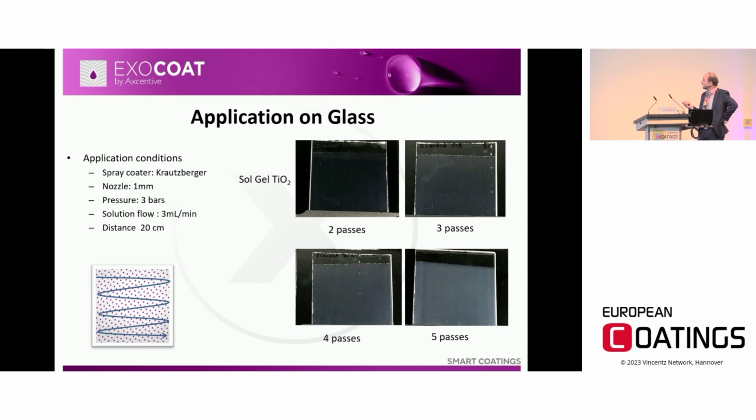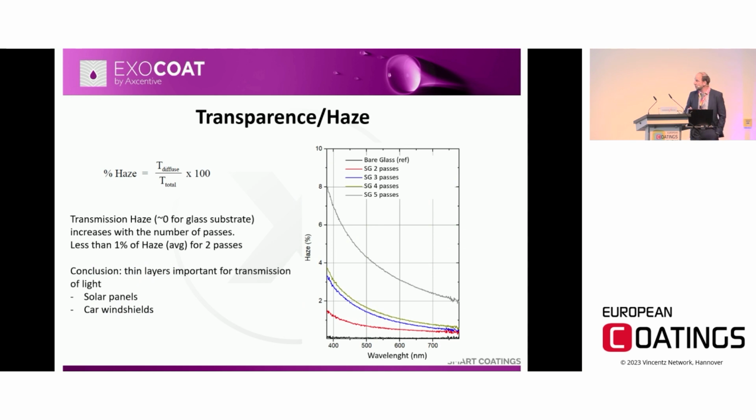So what you see already here is that if you take multiple passes, you will increase your opacity, which you actually can measure by a haze measurement. So you basically measure the transmission. Neat glass has a transmission of 100% and a haze of 0.